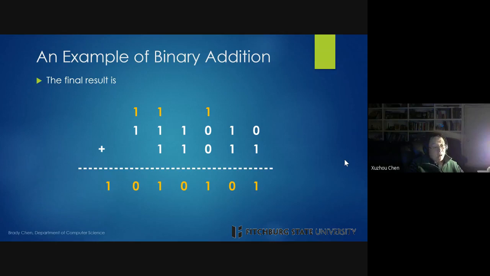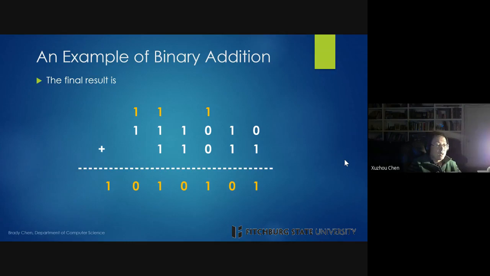The reason we want to learn binary is because we want to know how the computer system stores and operates on numbers. Remember, a computer system is a device that deals with binary digits. Every number or every data, regardless of type, will eventually be converted into binary digits, stored as binary digits, and operated on as binary numbers. That's the reason why we need to learn binary numbers.